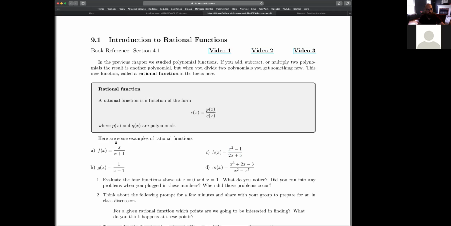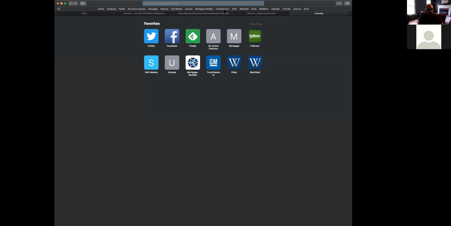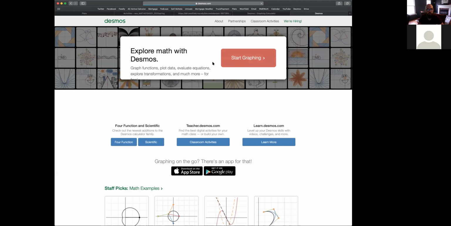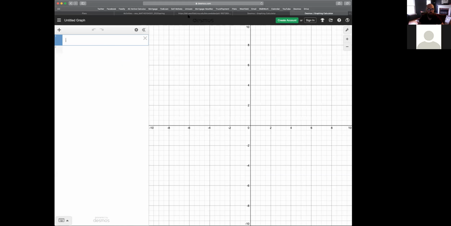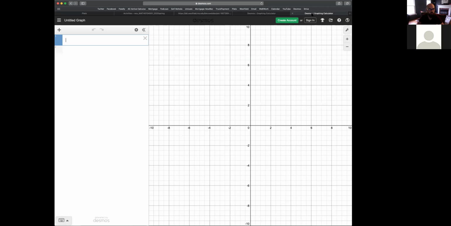Let's go ahead and come over to Desmos. Let's bring up a new graph here and graph some of these things. So we've got x over x plus 1.